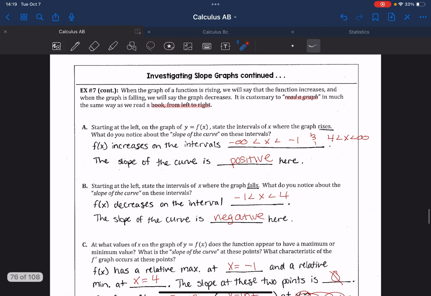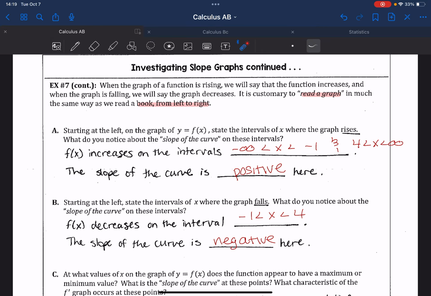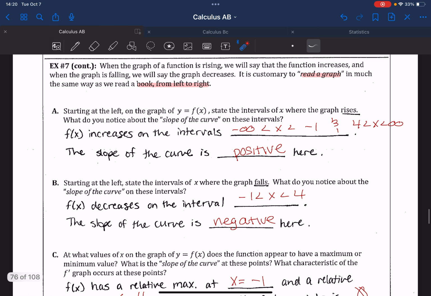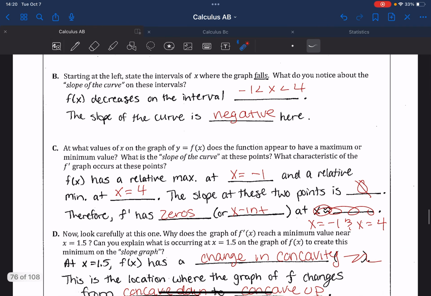Here we have a bunch of rules. This says f of x increases on the following intervals. That means the slope of the curve is positive. Where it's increasing, the slope is positive. Where it's decreasing, the slope is negative.